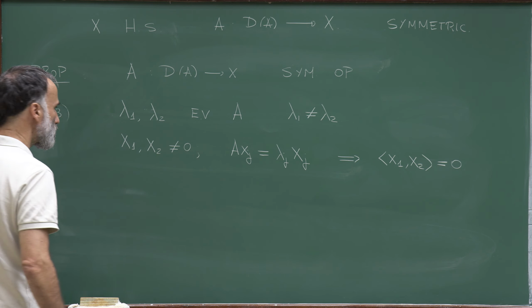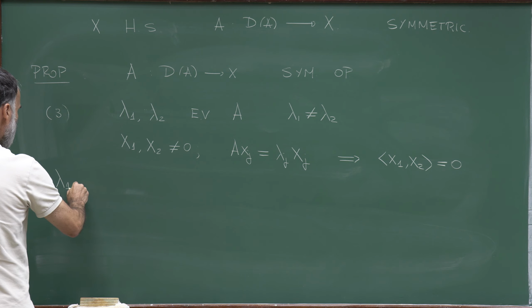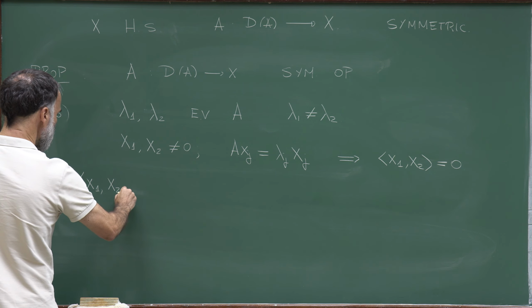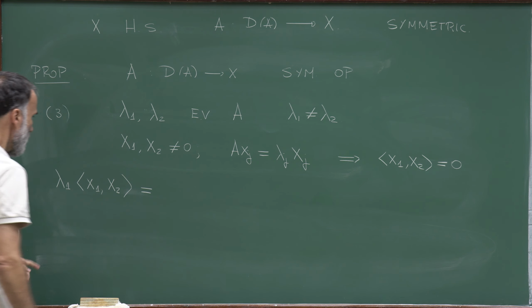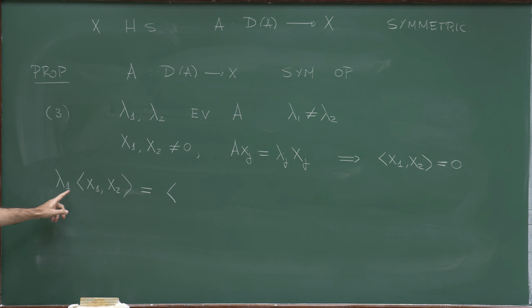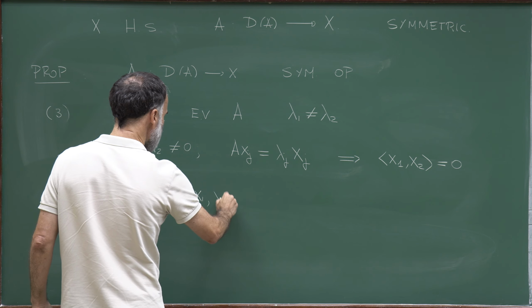Well, the proof is also straightforward. Let me take lambda 1 times the scalar product of x1 and x2. By linearity of the scalar product, this is equal to the scalar product of lambda 1 x1 with x2.